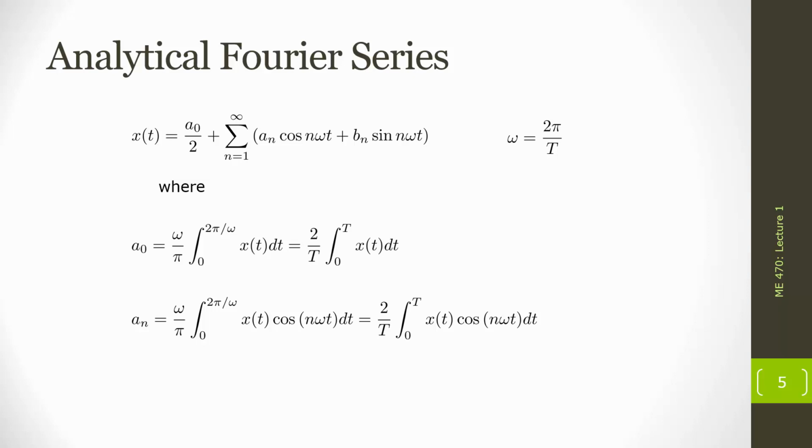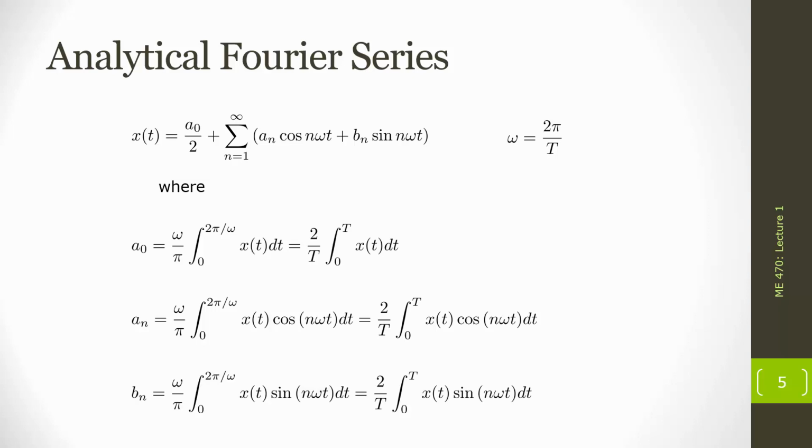So typically when we find a n or b n, when we actually go through this integral, it's going to be in terms of n. If we look at the extreme right-hand side again, it looks similar to the a naught calculation, but we see here it's x of t times cosine n omega t. So typically when we go through this integration step, an n is going to pop out, and that's why we're going to see that the a n's are going to be a function of n almost always.